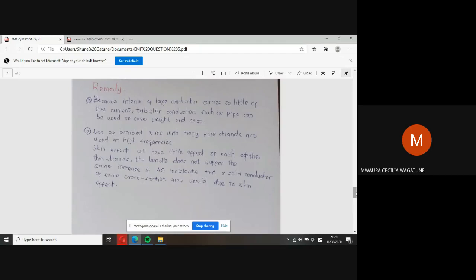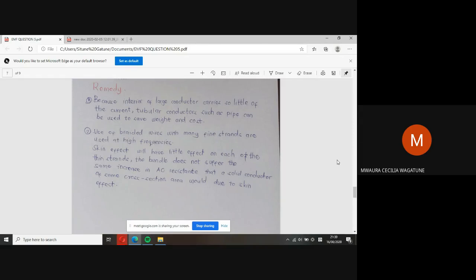Another way you can solve this is by using braided wires with many fine strands, mostly used in high frequency. Skin effect will have little effect on each of the thin strands.